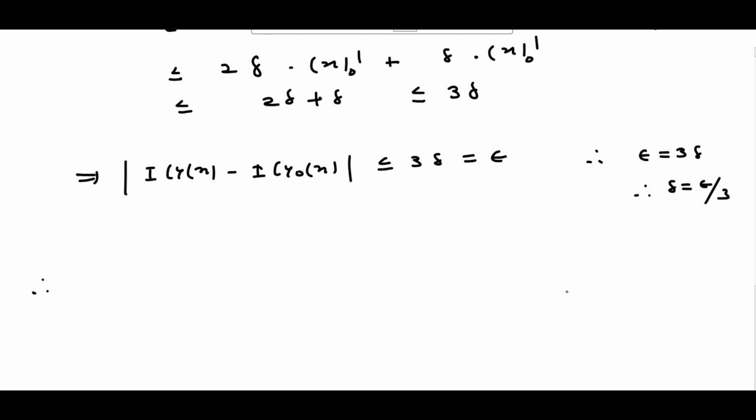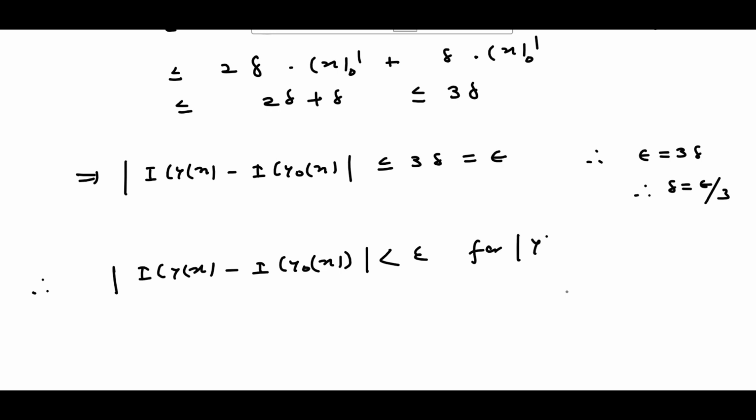So therefore we can say that the difference, mod of the functional I of y of x minus I of y naught of x, is less than epsilon when mod of y of x minus x is less than delta, and its derivative, y dash of x, minus the derivative of x, that is 1, is also less than delta.